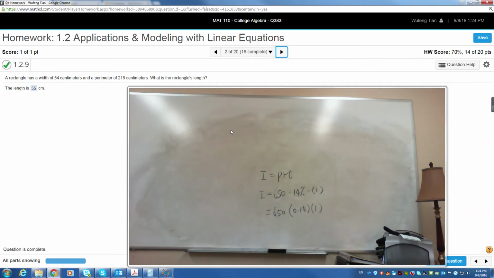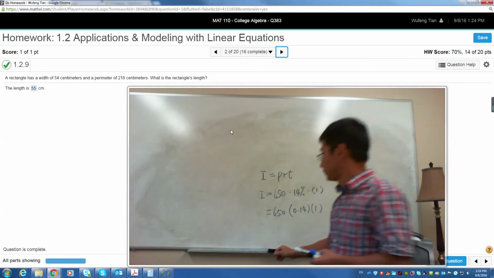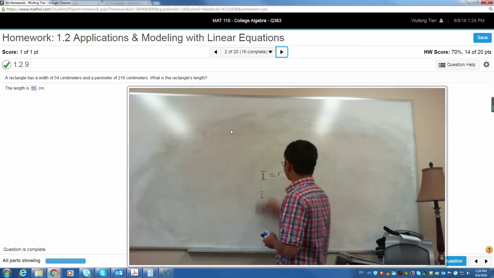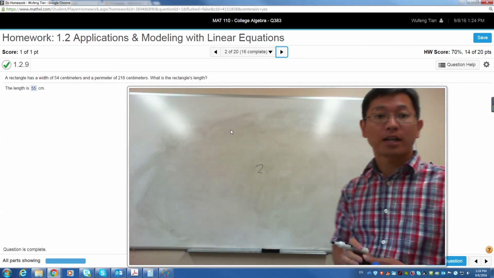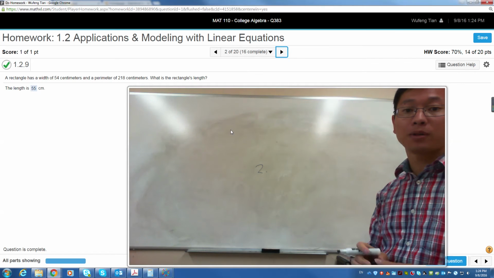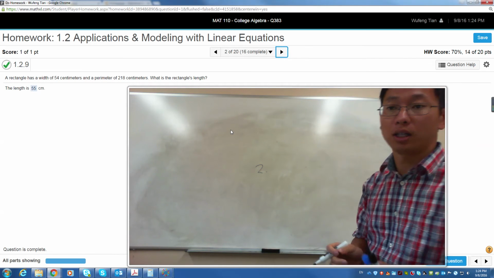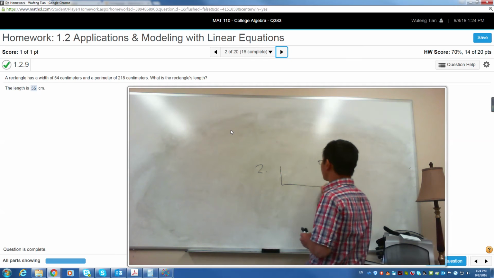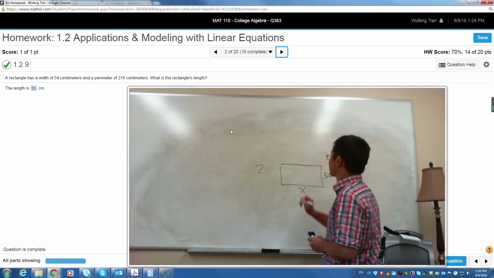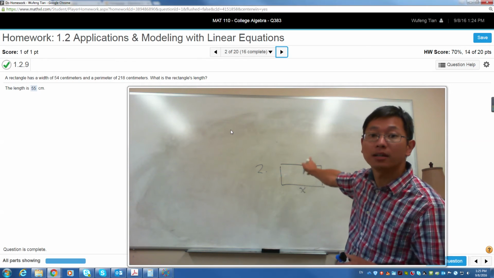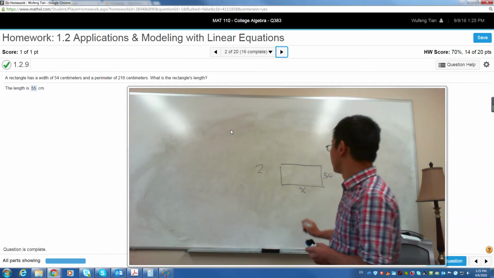Second one, a rectangle has a width of 54 and the perimeter 218, what's the length? So basically you have a rectangle, this is the 54 and this is the x. The perimeter is 218.